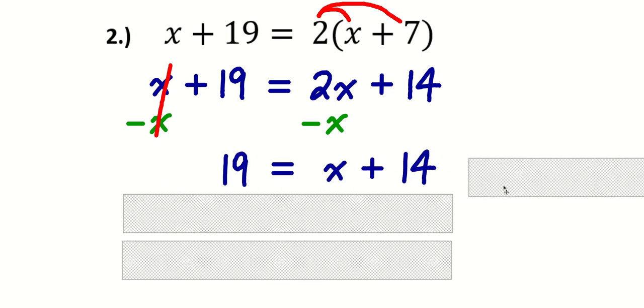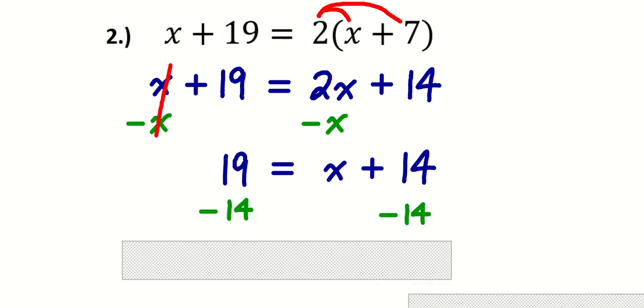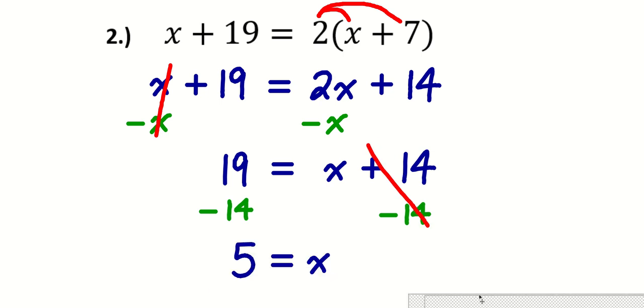Which gets me to here. 2x minus 1x, essentially. 1x. And then what do you think is going to happen next? Don't we now just want to get that x all by itself? And to that we do the opposite to get rid of stuff. And so here the final answer is 5. The solution is 5.